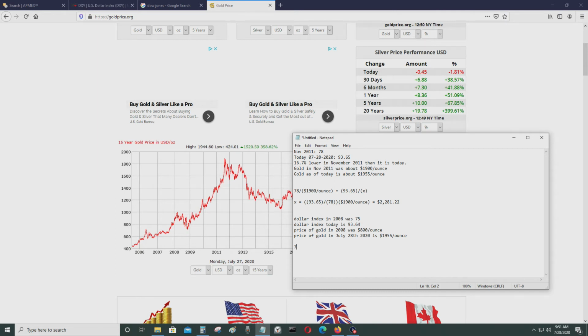Price of gold, with the index at 75, was $800 per ounce, and the dollar index today is this, and we're solving for x. So x is equal to 75 divided by 93.64.